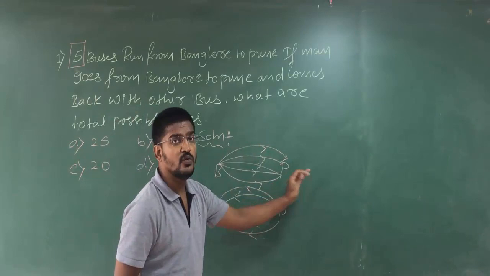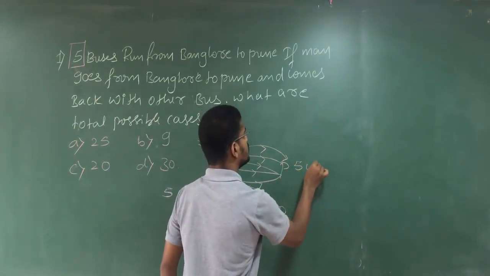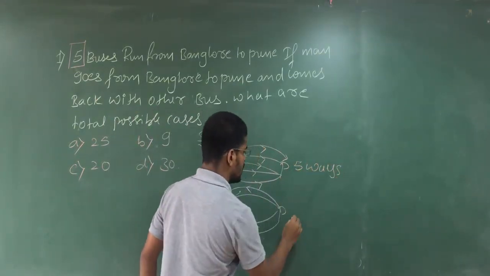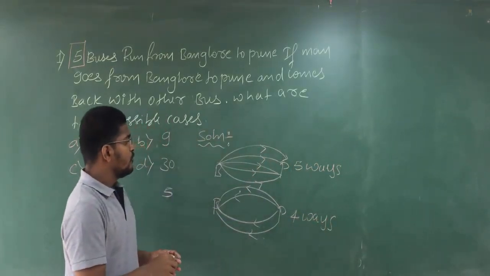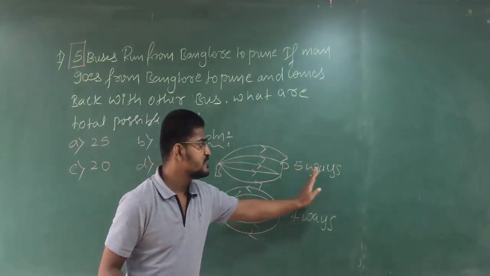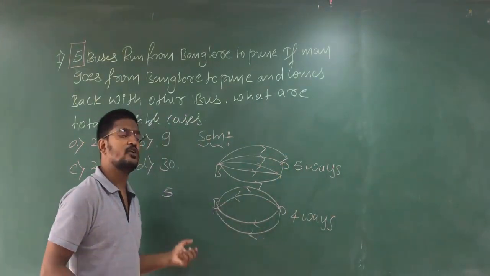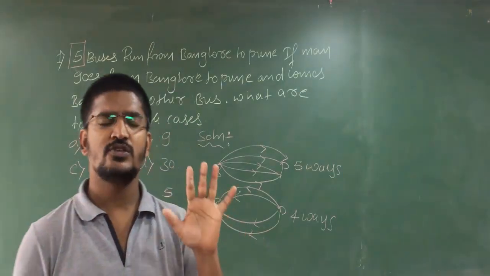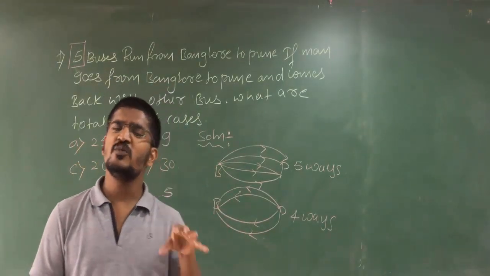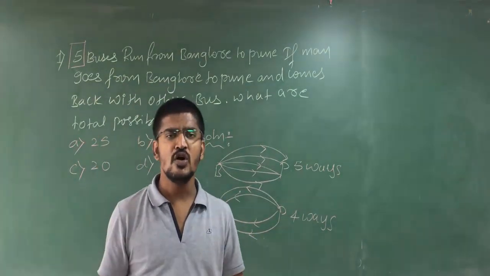Here he has 5 ways, here he has 4 ways. From Bangalore to Pune, he has 5 ways. To return from Pune to Bangalore, he has 4 ways, because in total he has 5 buses between Bangalore and Pune.